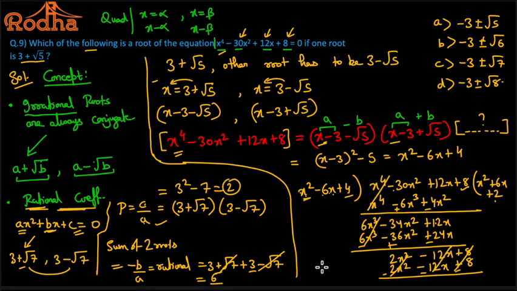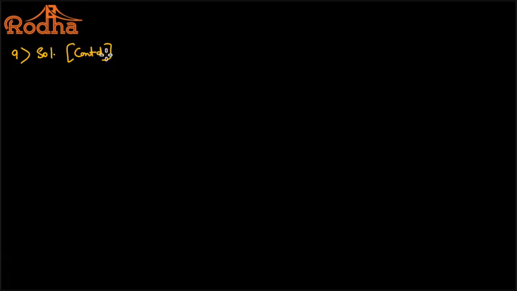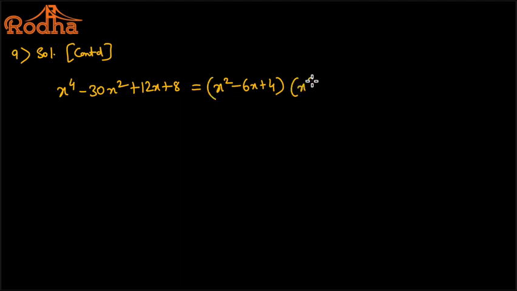So ultimately, see what I got here. We can write here now. My main equation was x raised to 4 minus 30x square plus 12x plus 8, and this we factorized to x square minus 6x plus 4 into x square plus 6x plus 2, which came after dividing it, right?